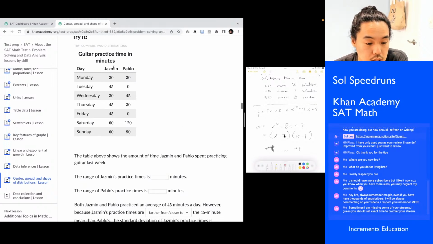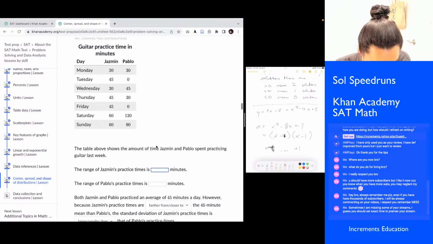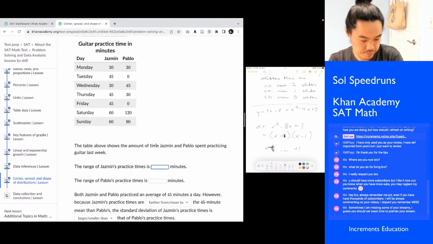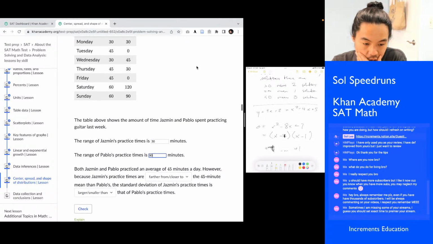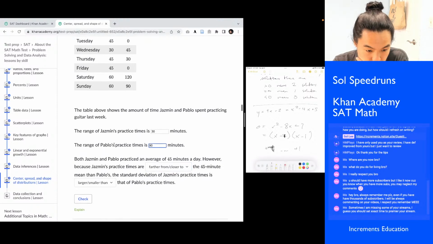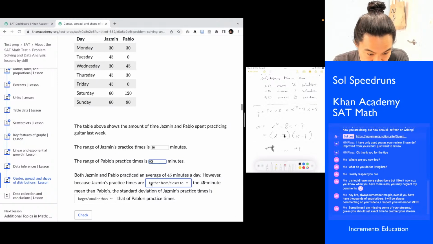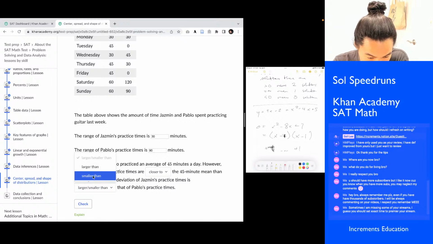Guitar practice time, 30 to 60. So this is more random looking and more extreme. The range is from 30 to 60 over here, and here the range is actually 90. Jasmine's is smaller.